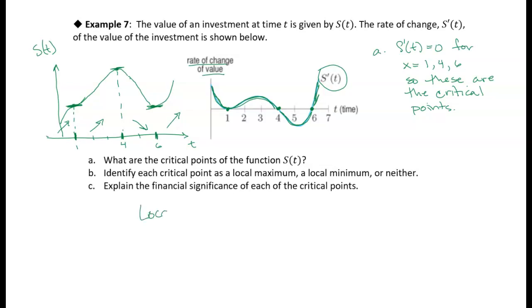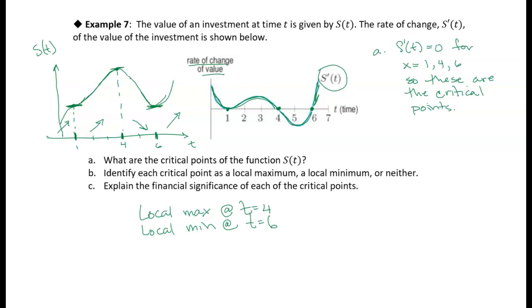We have a local maximum at t equals 4, because the derivative is going from positive to negative slope. We have a local minimum at t equals 6, because our slope is going from negative to positive, from decreasing to increasing.